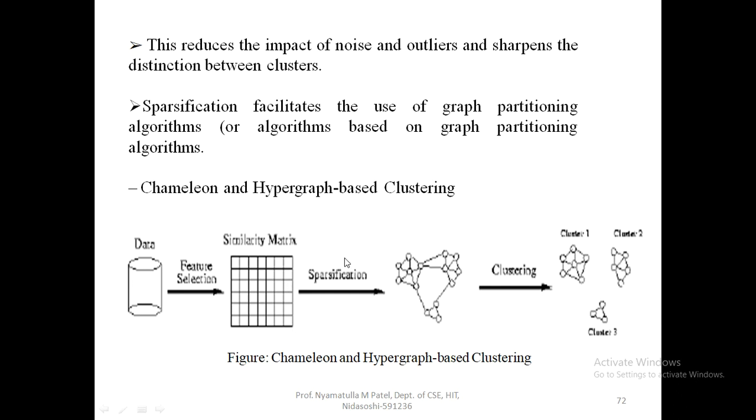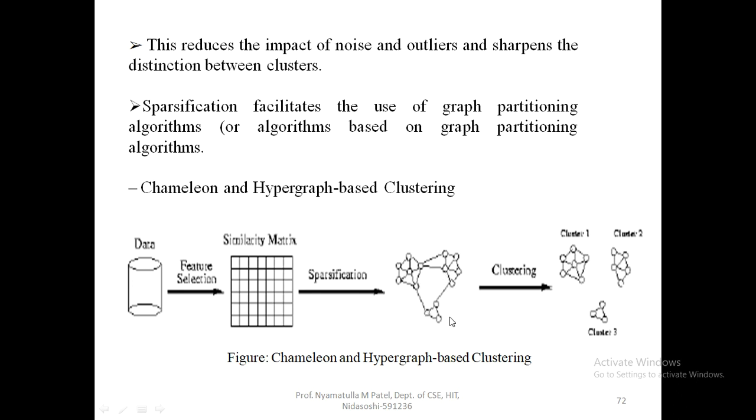Then we apply sparsification. What does sparsification do? The less connected points, those which are not in the nearest neighbors of a particular point, are eliminated. After sparsification, let us say 3 clusters are formed, but they are still connected, and there is a huge distance between these 3 clusters.